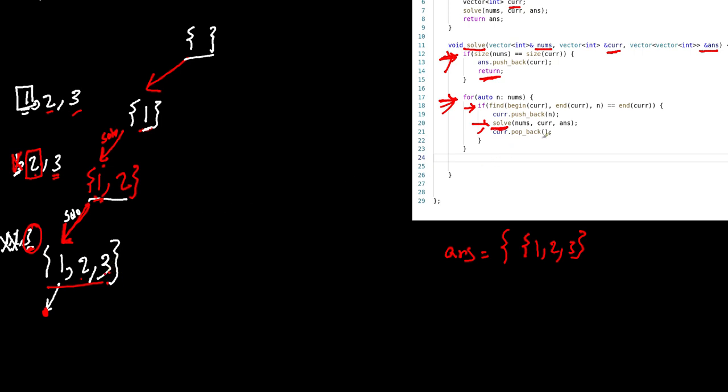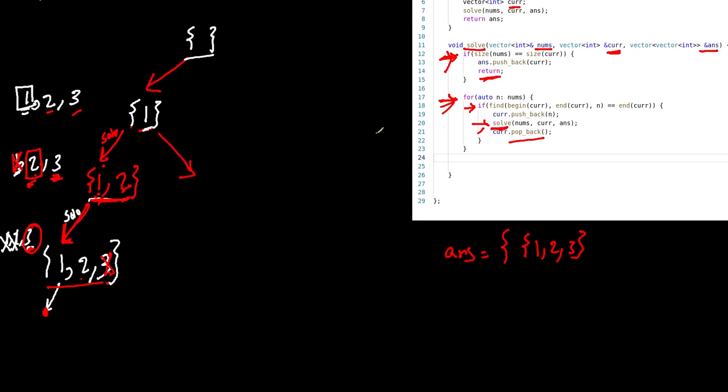Now we pop this 3 because we are passing by reference, so we pop this 3 and we return back to the previous state where we have 1 and 2, and the same for this. So here we are done with all values of 2, and that means now it's the turn for 3.